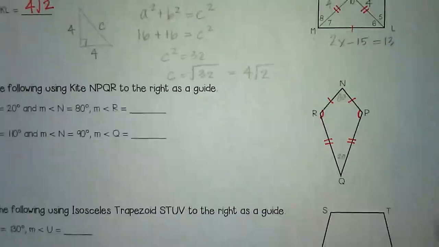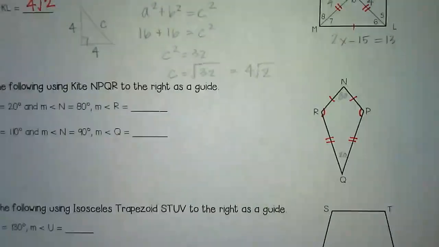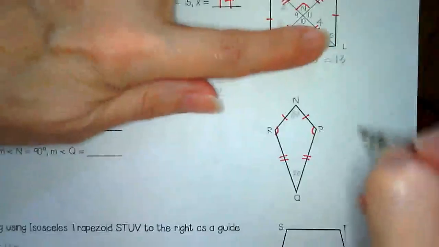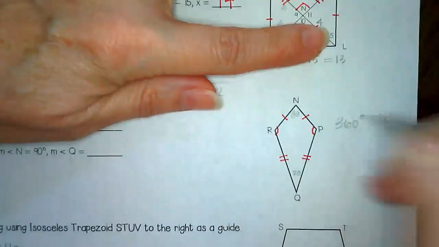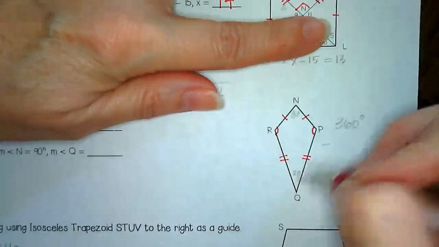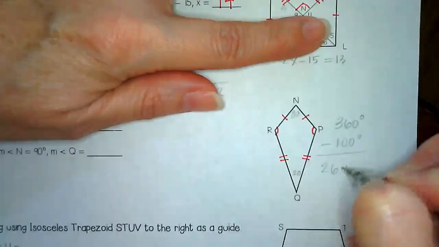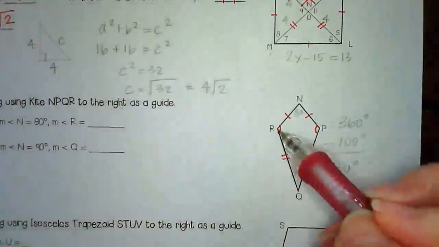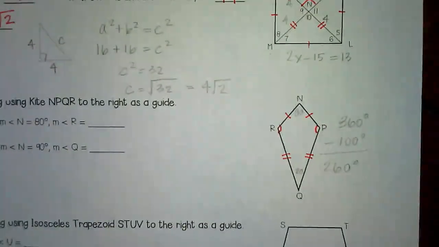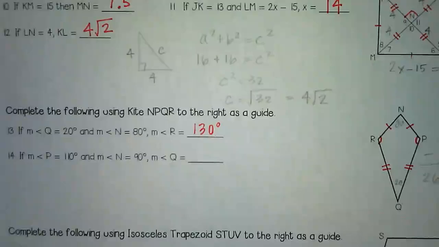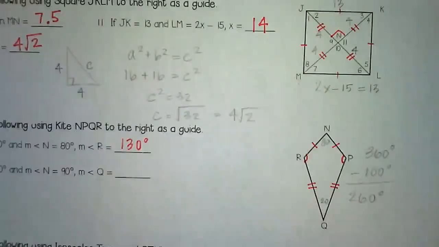We also know that a quadrilateral has 360 degrees in it. I know 100 degrees right there, which would leave 260 degrees that has to be split equally between those two angles, meaning each one would be 130 degrees. So 130 degrees. All right, next question.